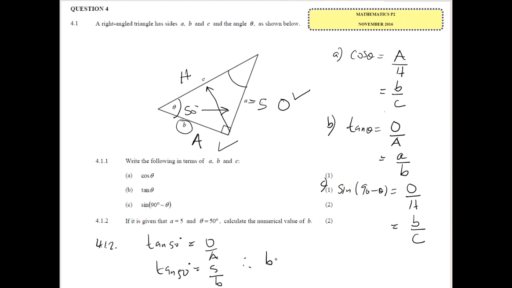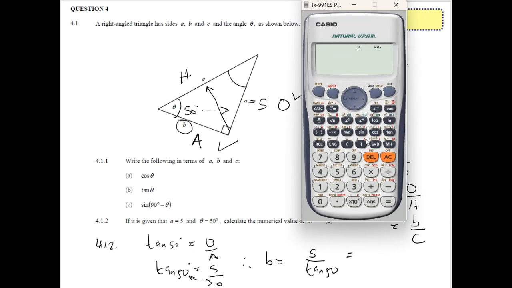We didn't do anything on 5. Take your tan 50 and replace it in respect of B. It means B equals 5 divided by tan 50. Then you go to your calculator, set the fraction sign, 5 divided by tan 50.